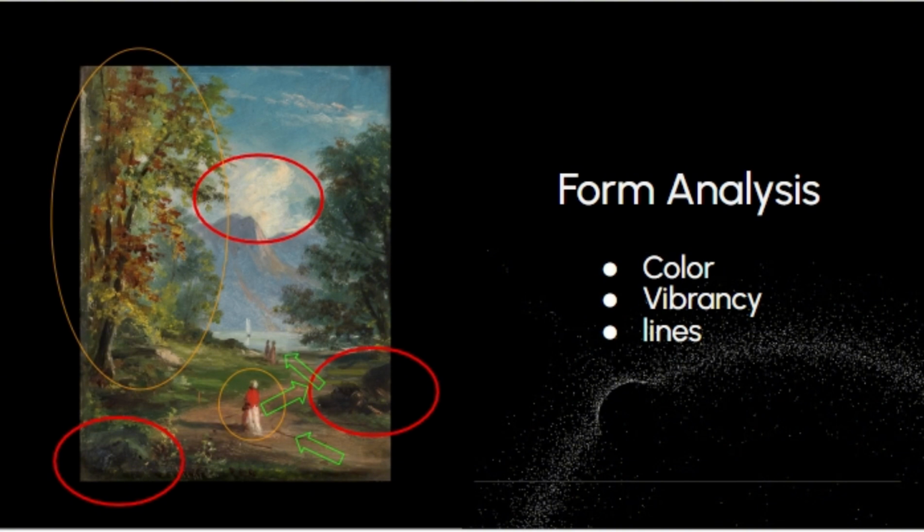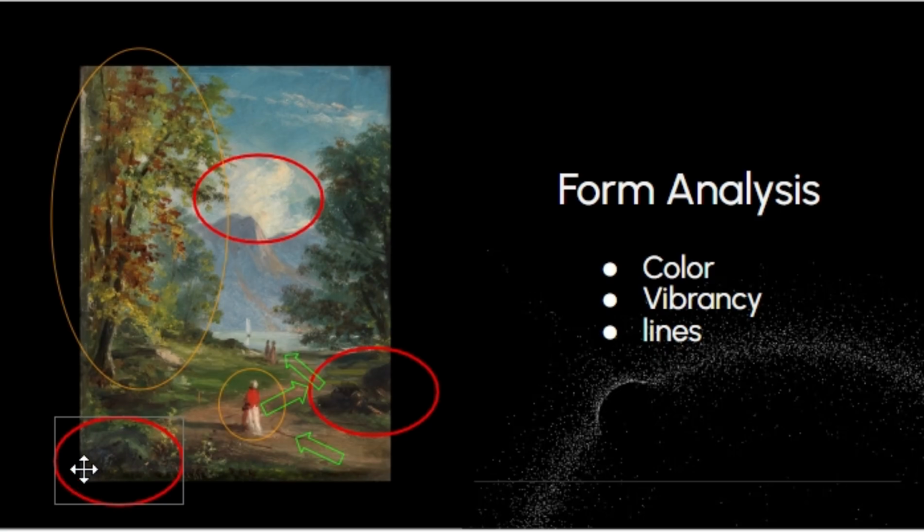Okay, now we're going on to form analysis. He uses color and lighting in order to create depth and scale in his painting. Not to mention, he also uses texture to create the same depth, as you can see here. Color and lighting. The darker pieces, as you can see here and here, are more detailed, so they appear closer, while everything lighter really gives you that sense of depth perception.